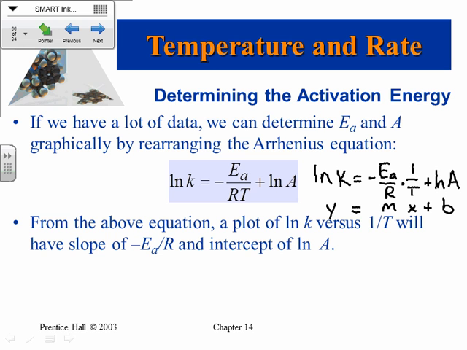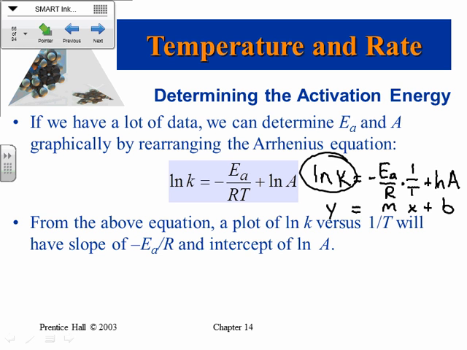Okay? So then what you have to do is if you graph, and again, this is why we said earlier to find the activation energy, an effective way to do that is to measure the rate of the reaction at several different temperatures.